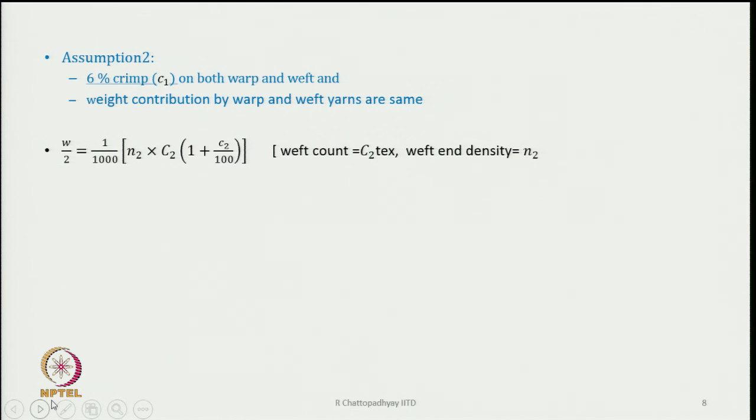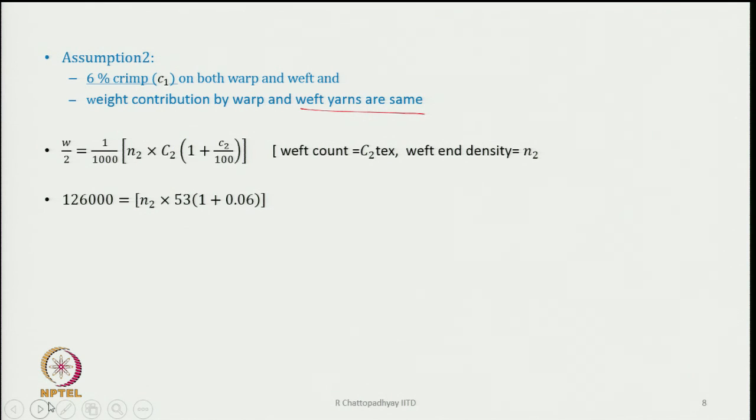In that case, the weight contribution of both warp and weft are the same. So, these two are my assumptions, and with this assumption we can write W by 2, GSM divided by 2, is 1 upon 1000 N2 C2 (1 plus small c2 by 100), where small c2 indicates the crimp value and capital C2 is the tex value of the yarn.